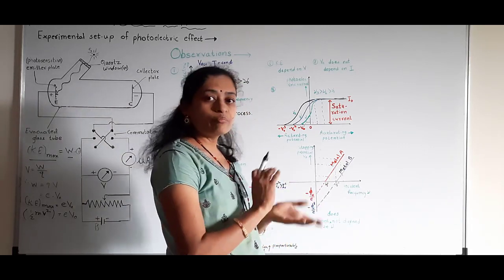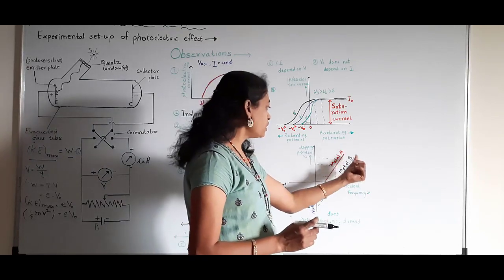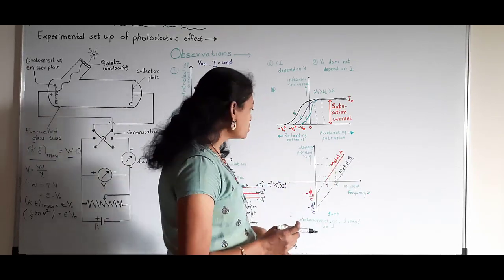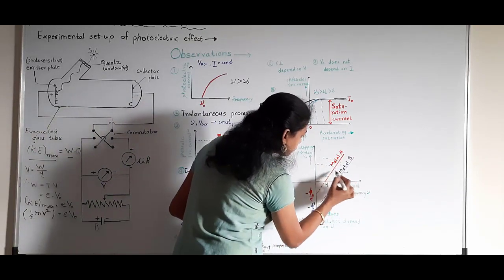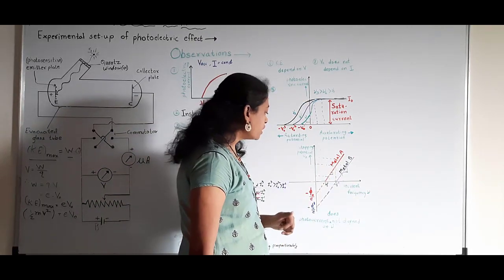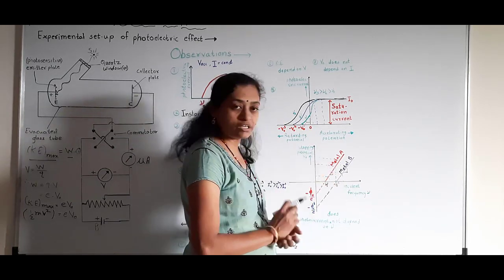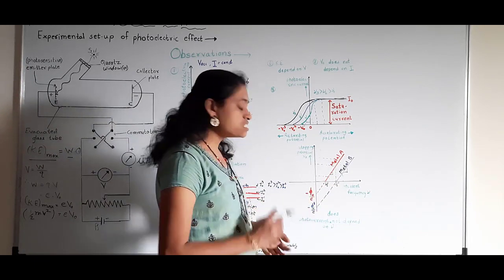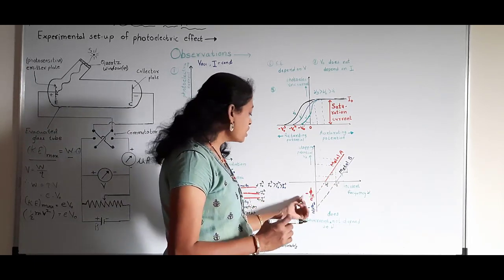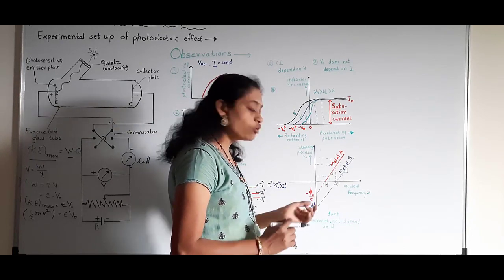Again, if we compare this graph for the two metals, metal A and metal B, we can see that the slope for the two graphs is the same. Here we can observe that the intercepts along the x-axis are different for the different metals. Also, the intercepts on the y-axis are different, and they are minus phi 0 upon e and minus phi 0 dash upon e.